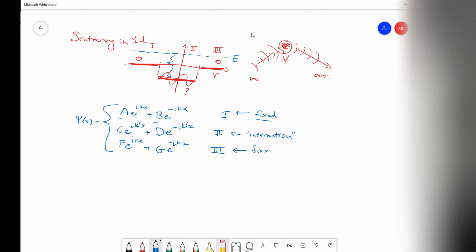The asymptotic regions are always going to be just these plane waves, because out here you just have a free particle that either made it past the interaction zone. It's another way of thinking about it: you could bracket off region 2 as an interaction zone where complicated stuff happens and the particle either escapes or gets reflected. So that's the setup for scattering.